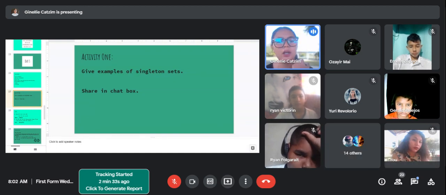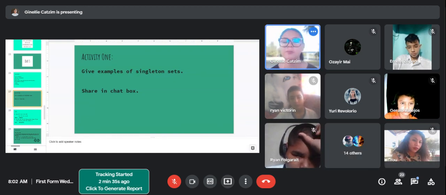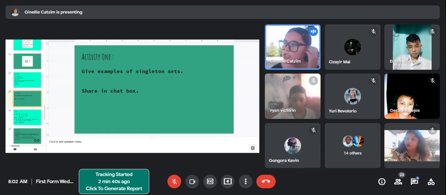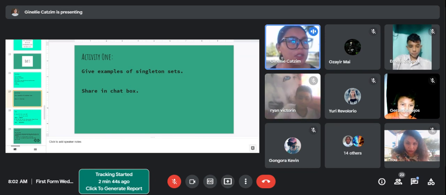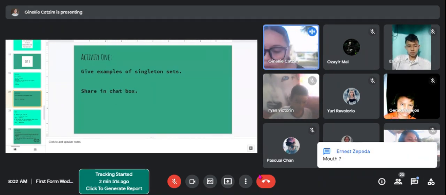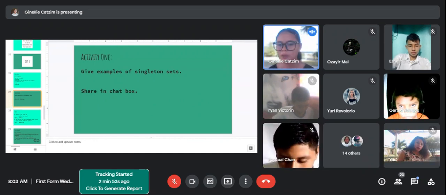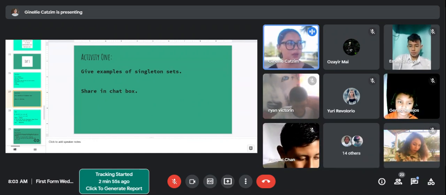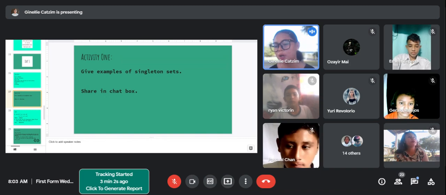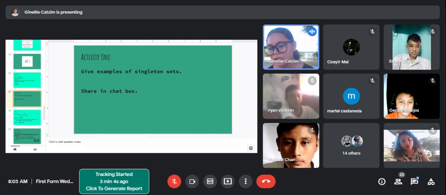Okay, but we'll start with the activity whereby you'll give an example of a singleton set. Anyone who wants to share an example of a singleton set? Remember, I mentioned yesterday, I gave an example, removing by mouth, says Ernest. Yes, but how would you put that in a set example, right? X is the mouth that we have in our body. We just have one mouth, right? So that's singleton.